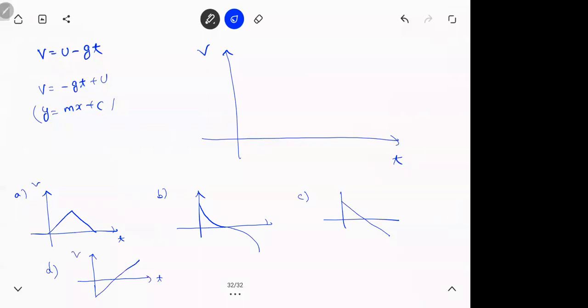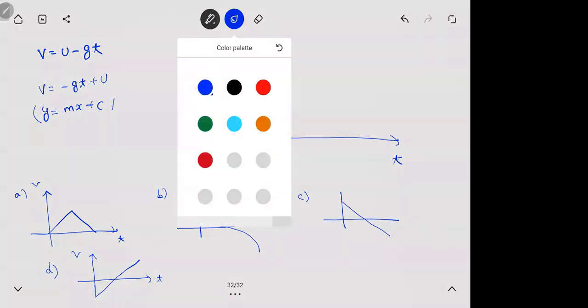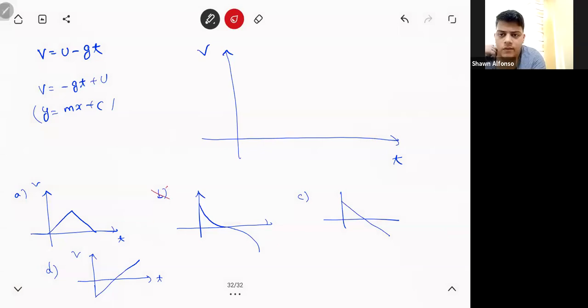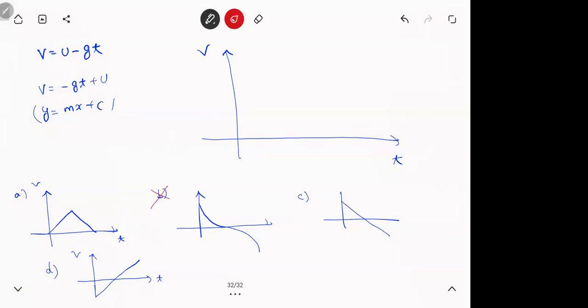Tell me which option is right. First C. So the D1. B is gone, no? Here, make this, B is gone.